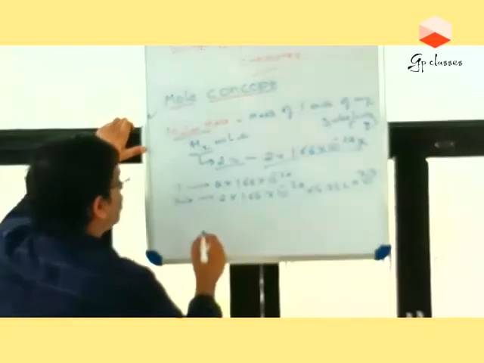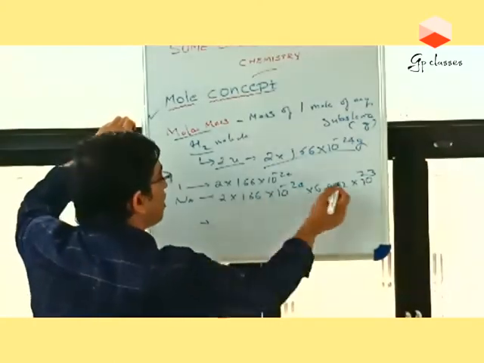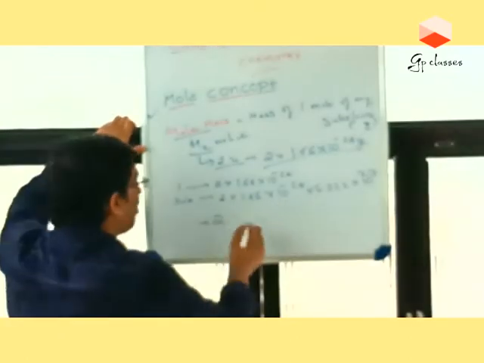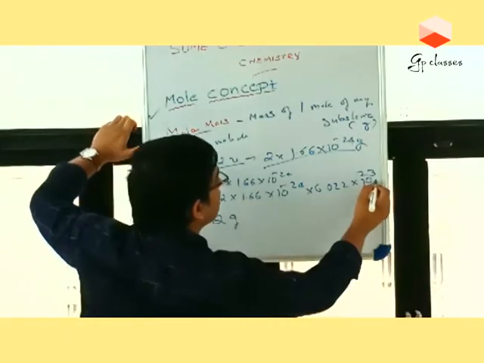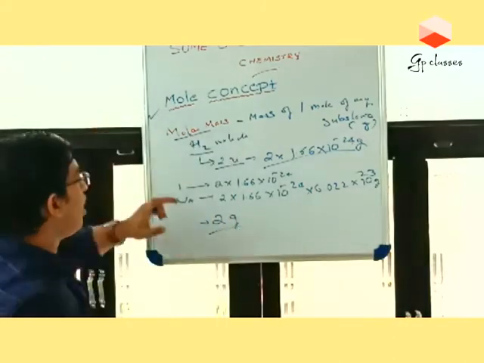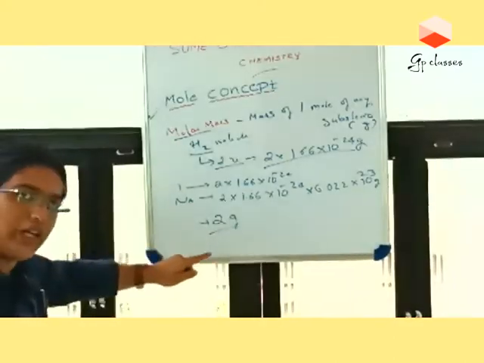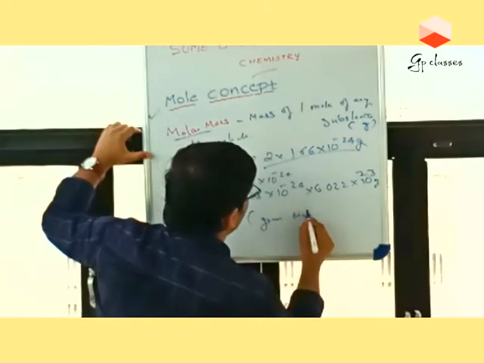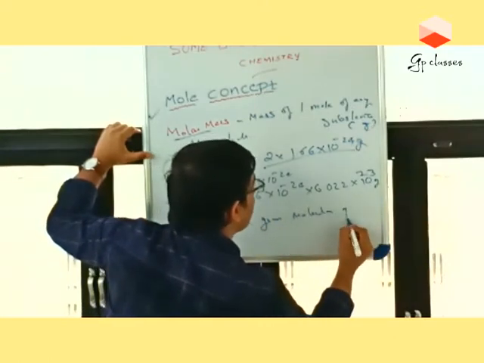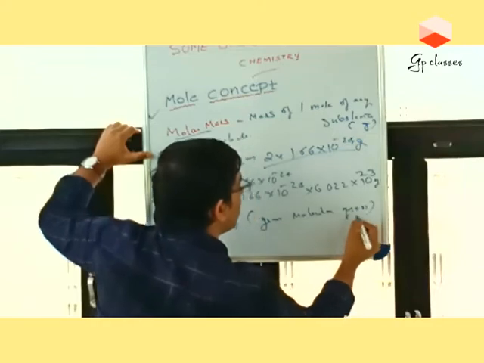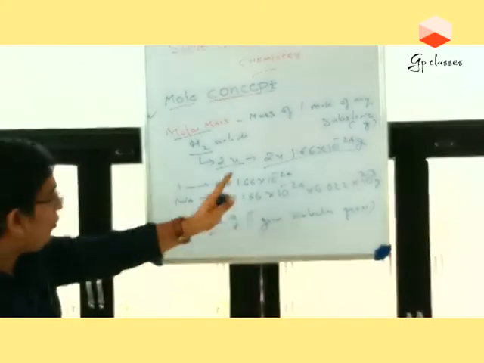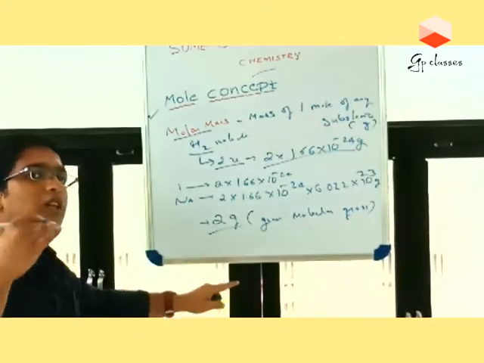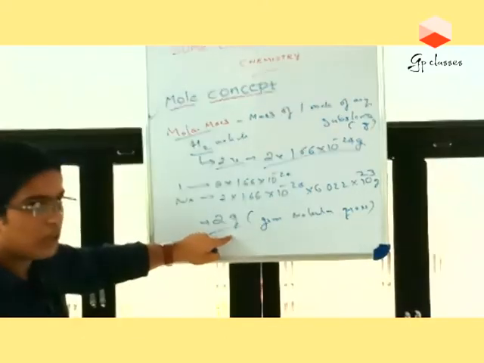If you do the calculation, you will get 2 in the unit gram. So molar mass is actually gram molecular mass. You remember, if you change the unit of molecular mass from u to g, you get gram molecular mass. Basically, molar mass is gram molecular mass itself.